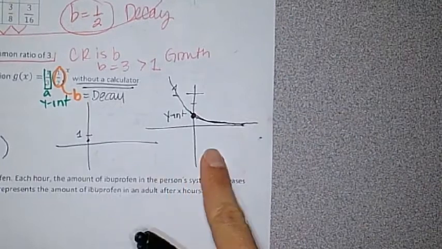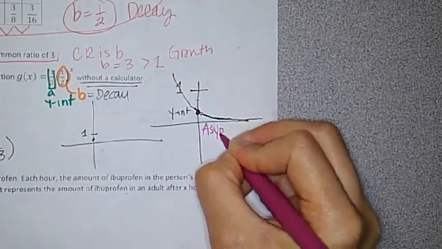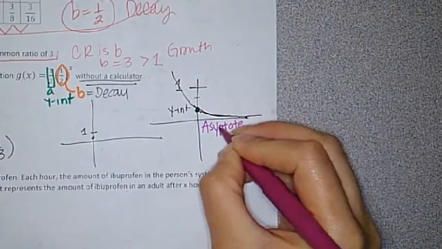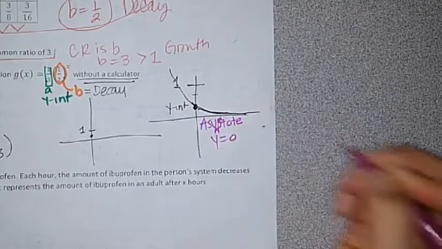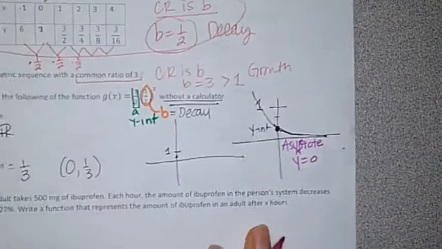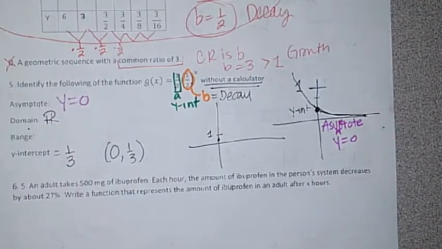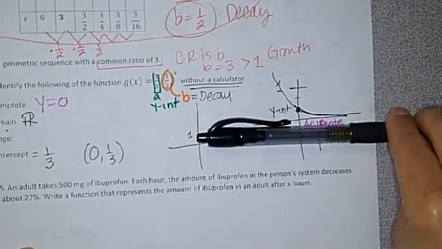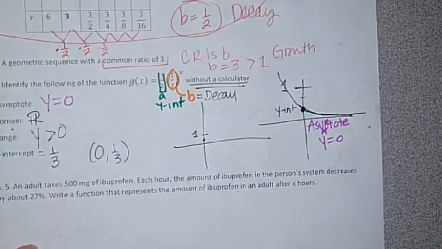So if this is the case, that means that the asymptote, oops, I forgot the M, asymptote is y equals 0. I'm going to put it over here. y equals 0. And the range is going to be, since this is on the top, y is greater than 0.